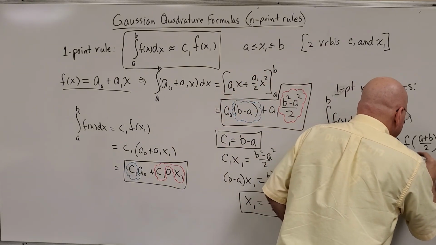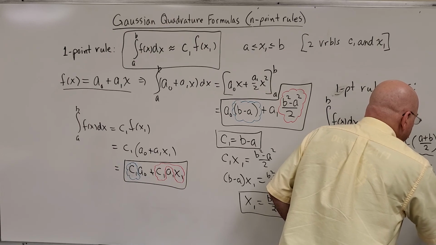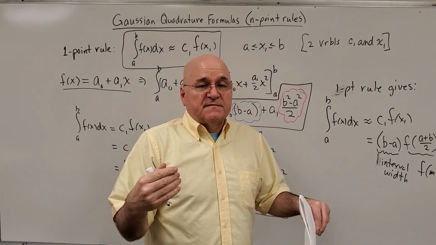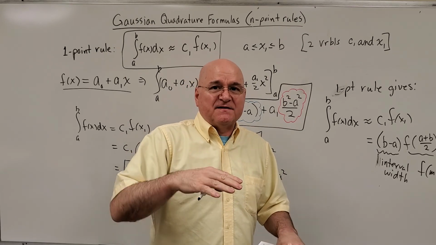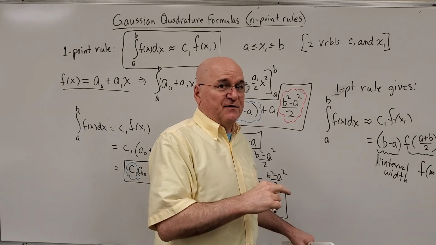This is f of the midpoint of a and b. So sometimes it'll be accurate. Probably half the time you'll overestimate, half the time you'll underestimate, but it's a very, very simple formula.